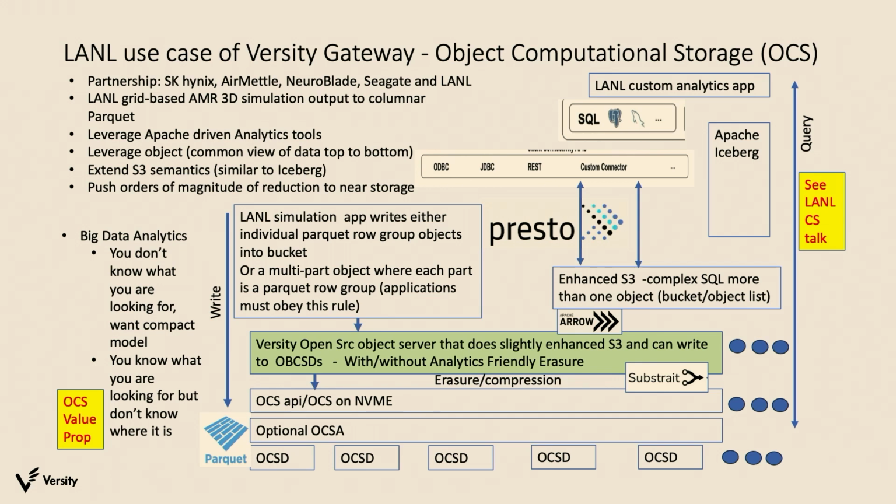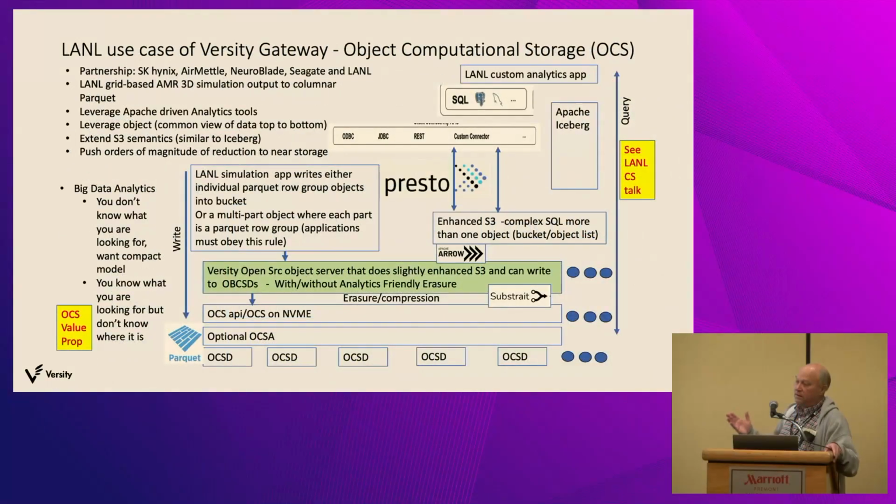So Substrate takes SQL statements, breaks them up into a graph, and you can decide which pieces to give to the OCS. So push down as much of it as possible to the OCS. If you can't do it all, do that at a higher level. If you can't do it all, do it at a higher level yet.